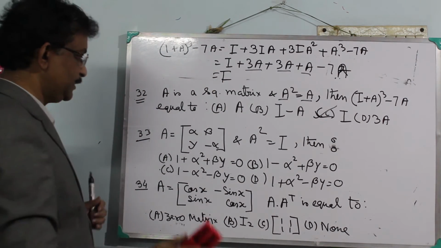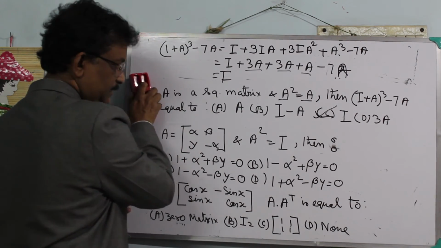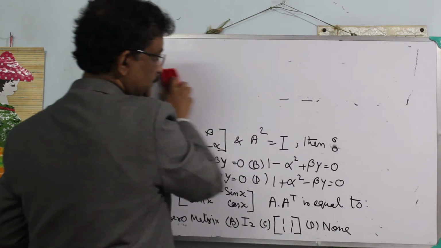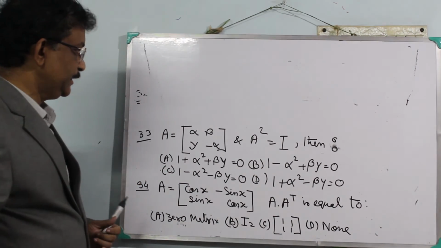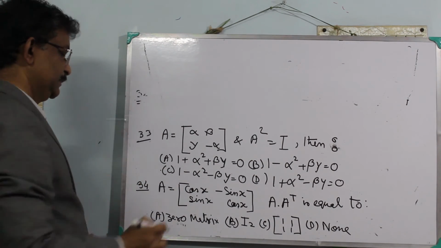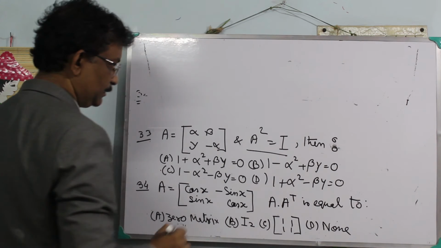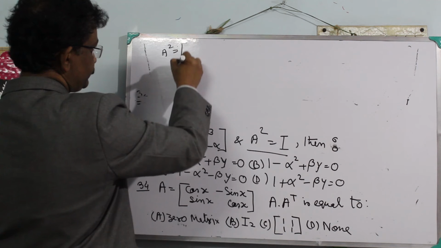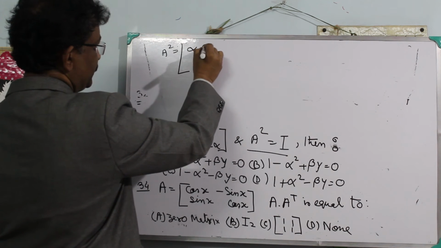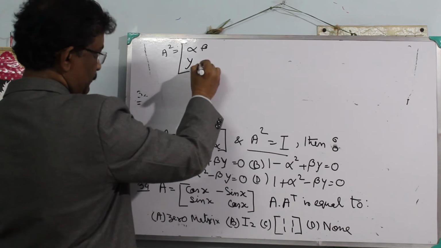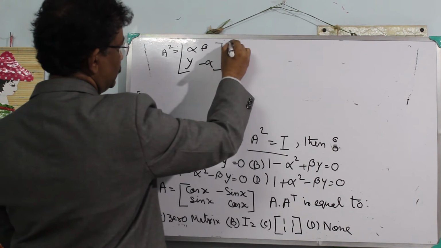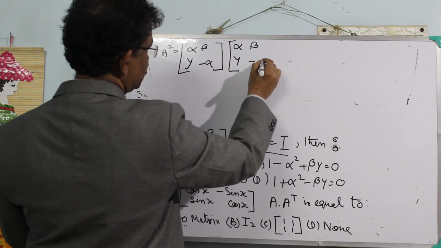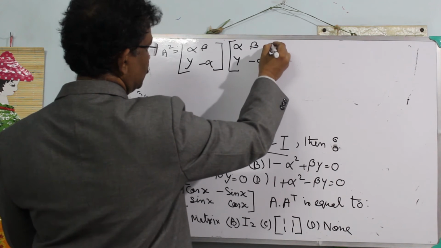Next, the matrix A with entries alpha, beta, gamma and minus alpha, and A square equal to I. This is the main relation, A square equal to I. So A square equals the matrix alpha, beta, gamma, minus alpha times alpha, beta, gamma, minus alpha.